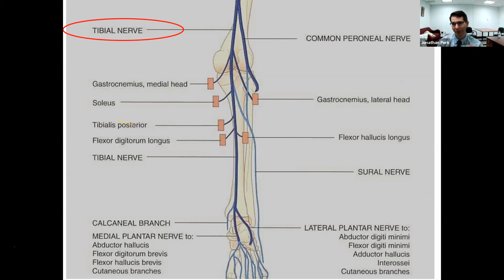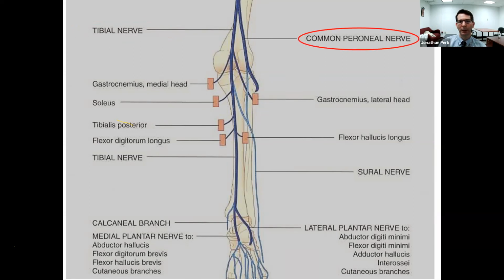I'm sure a lot of you already know, but it's really important. So etch it in stone in your hard drive: tibialis posterior, inversion of the ankle, L5. So we talked about two movements of the ankle. One of them also shared a reflex, L5 S1, but then we have the inversion, which is almost purely L5. So that's the tibial nerve.